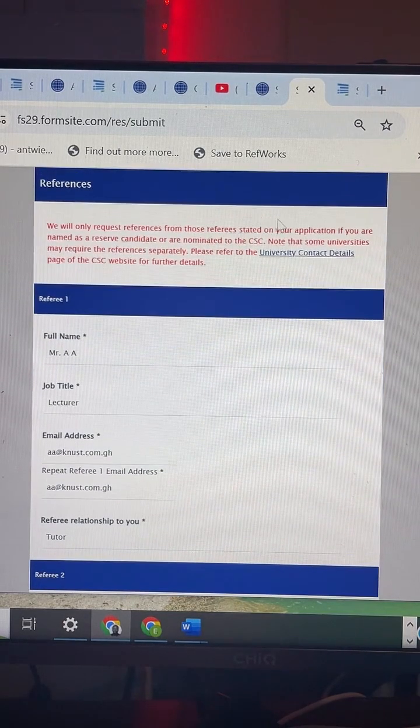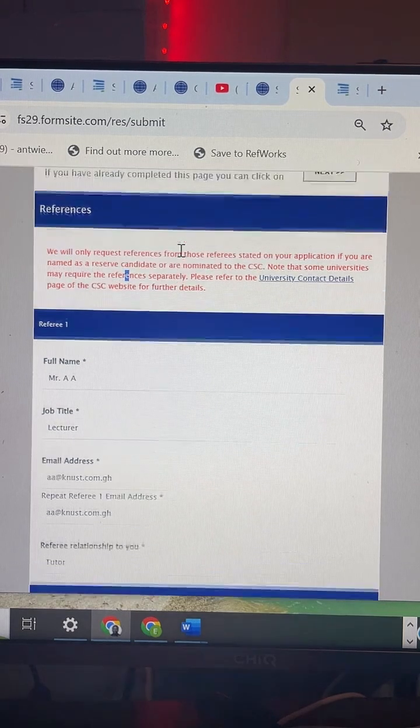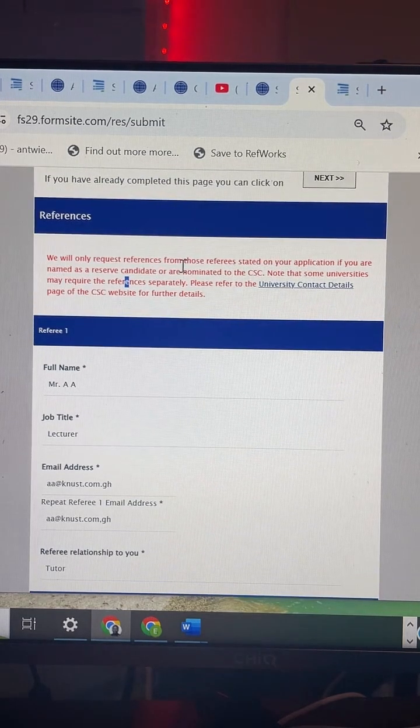And then next one. So we will only request references from those referees stated on your application if you are named as a reserve candidate or are nominated to the Commonwealth Shared Scholarship. Note that some universities may require the references separately. So this is one thing that we need to know as well.